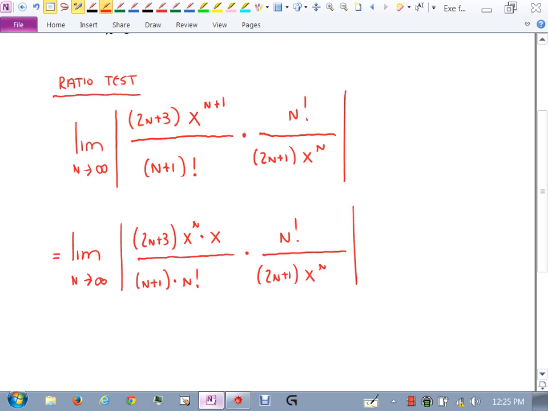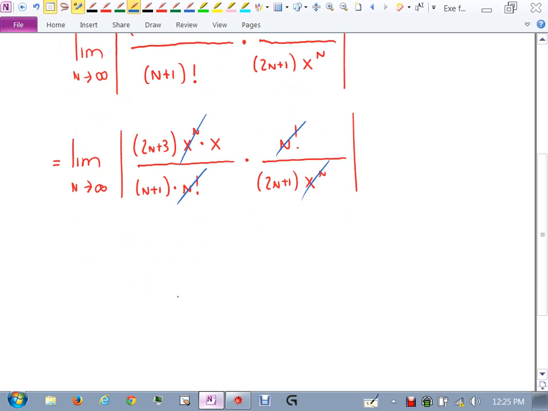I believe I'm going to get a lot of cancellation here. Yeah, my x to the n's cancel, and factorials cancel. And that's it. So let me just rewrite everything. Limit as n goes to infinity.